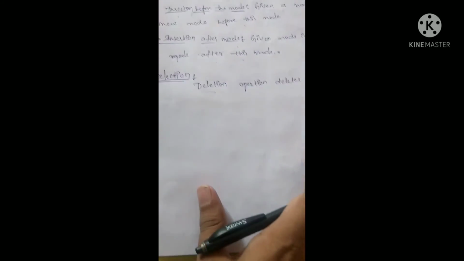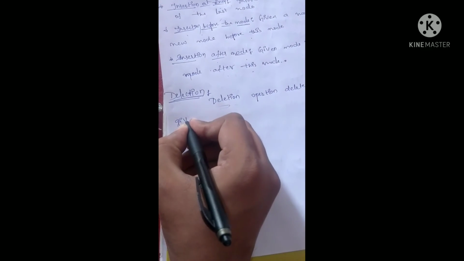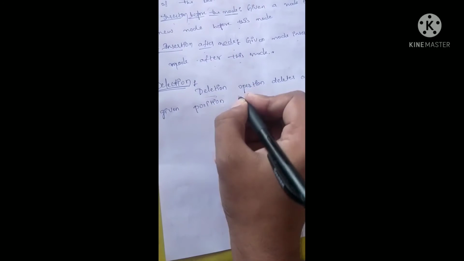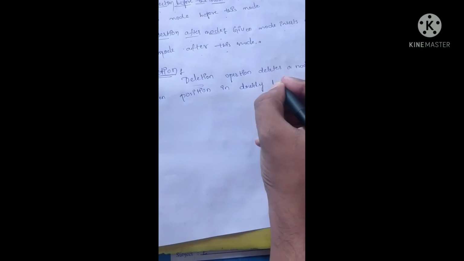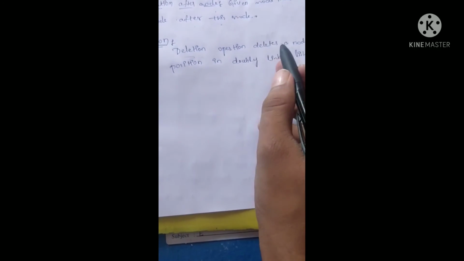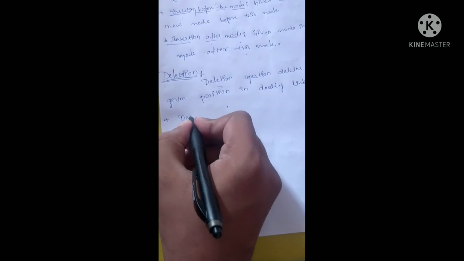Deletion operation deletes a node from a given position in a doubly linked list. Then there are types of deletion.